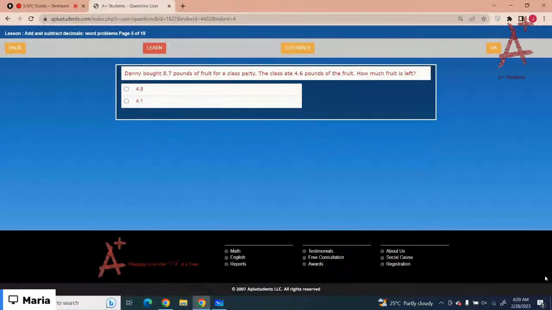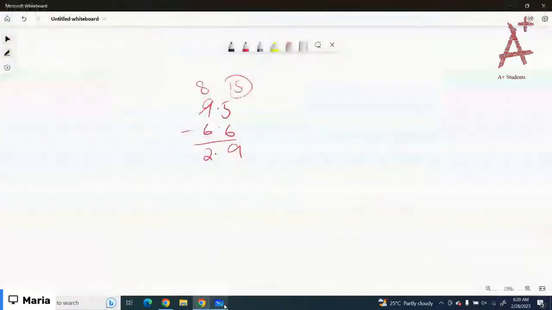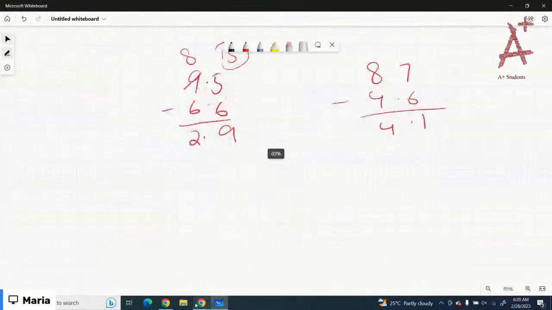You have to subtract: 8.7 take away 4.6. 7 take away 6 is 1. 8 take away 4 is 4. So it would be 4.1. Got it? The correct option is 4.1.